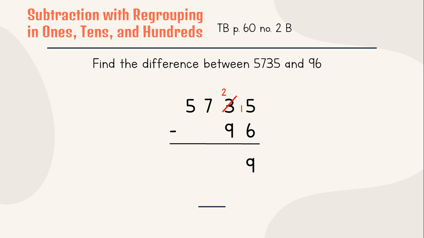Because it cannot, you have to borrow from 100. You have to borrow 100 from 700. That's it. Now what we have 12 tens minus 9 tens equals 3 tens, 6, 5. So the difference between 5,735 and 96 is 5,639.